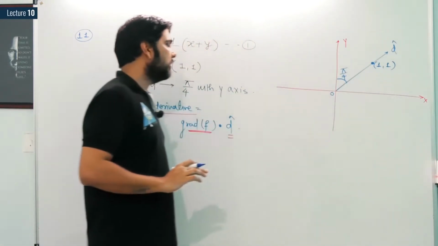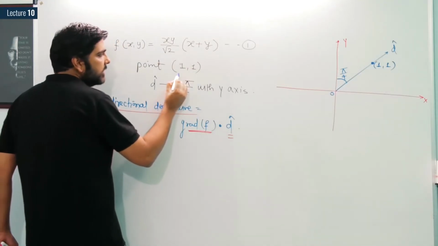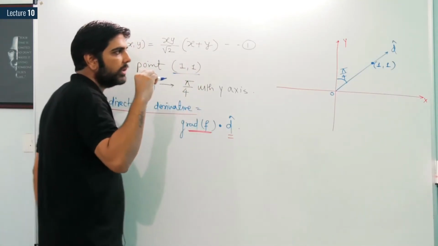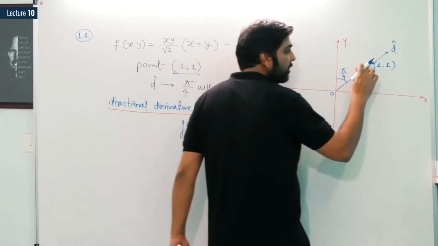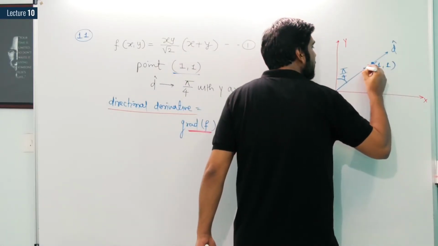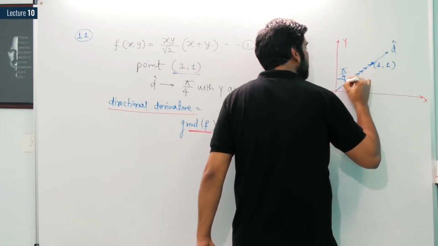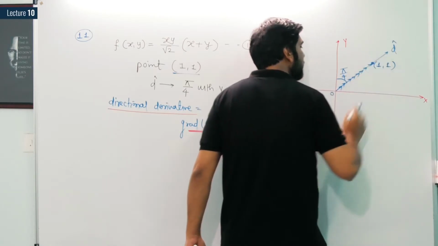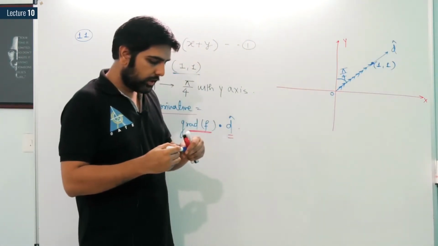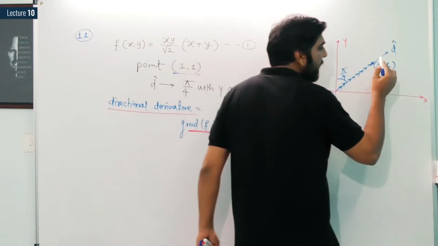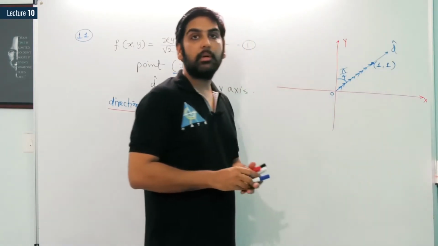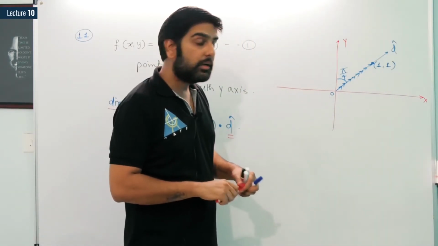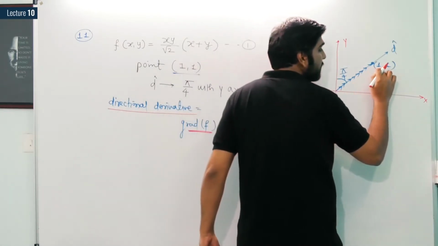Why am I taking (1, 1)? Because this (1, 1) should be on this line, or in this direction. If I have the magnitude, the magnitude is nothing but root 2.